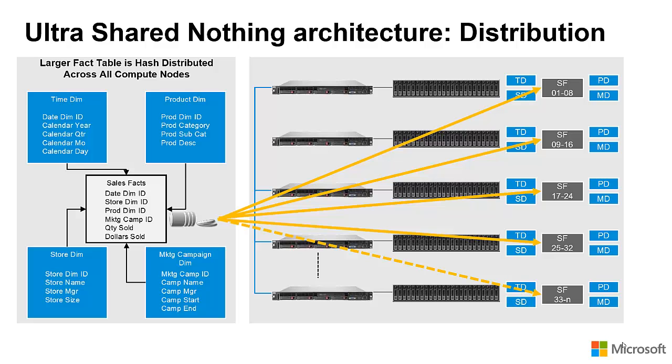And there will be 8 distributions per table per compute node. So in my demo environment, for instance, we have 8 compute nodes, and there will be 8 distributions per compute node. So each and every distributed table will be distributed in 64 different distributions across the appliance, so that all the data will be evenly laid out on the disks.